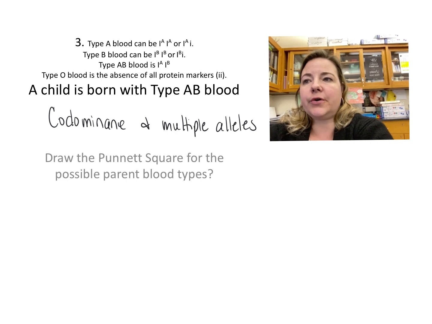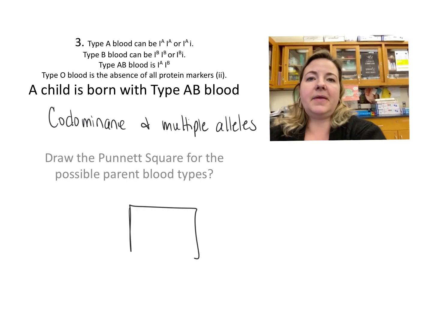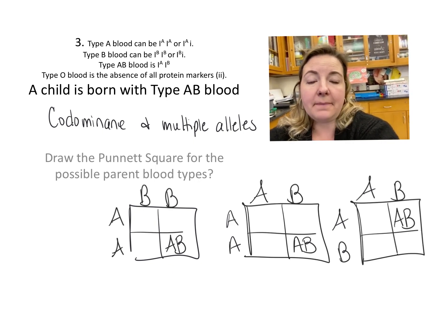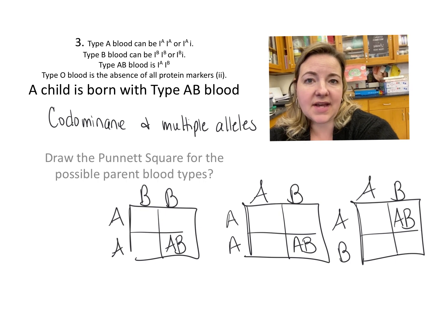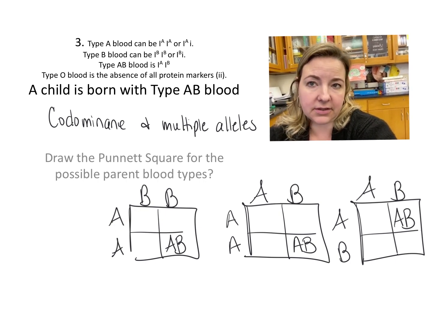All right, so if we have a child that is born with blood type AB, then remember you have to get one allele from mom and one allele from dad. So that means that one parent has to have an A allele and one parent has to have a B allele.